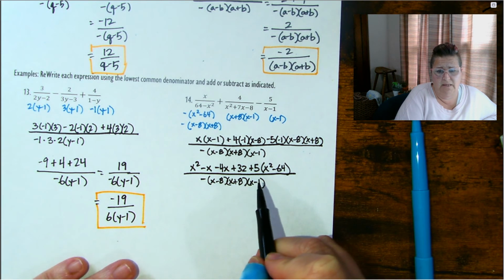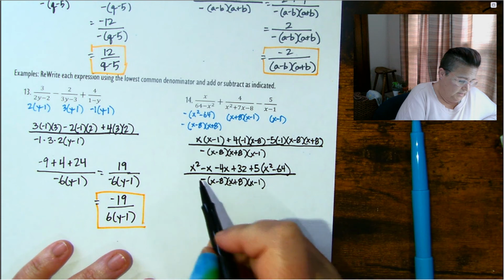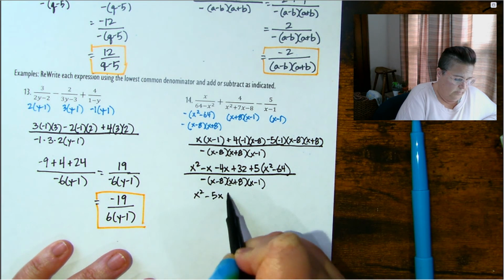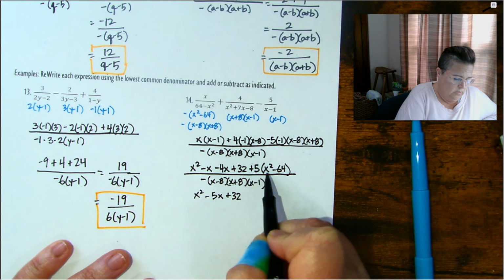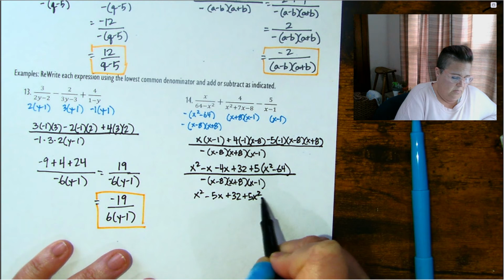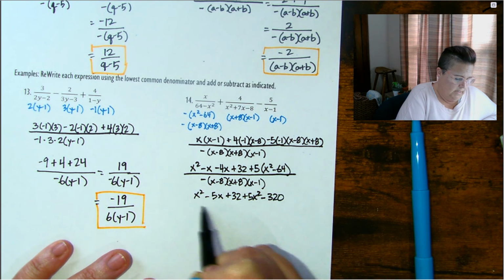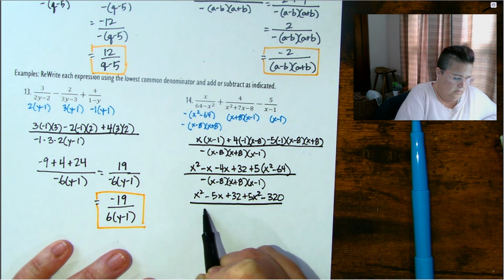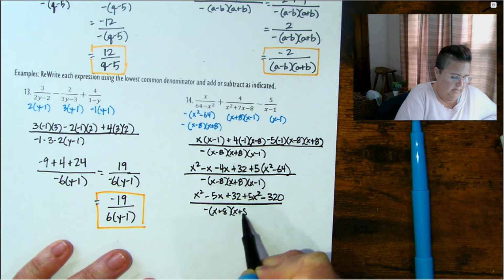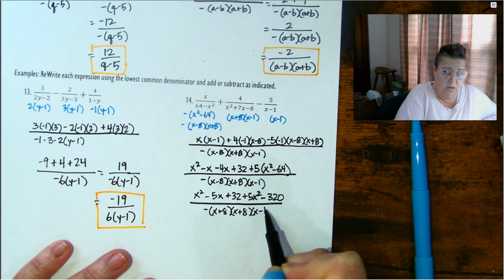Continuing to combine this, I've got an x squared minus 5x plus 32 plus 5x squared minus 320 all over a negative x minus 8, x plus 8, x minus 1.